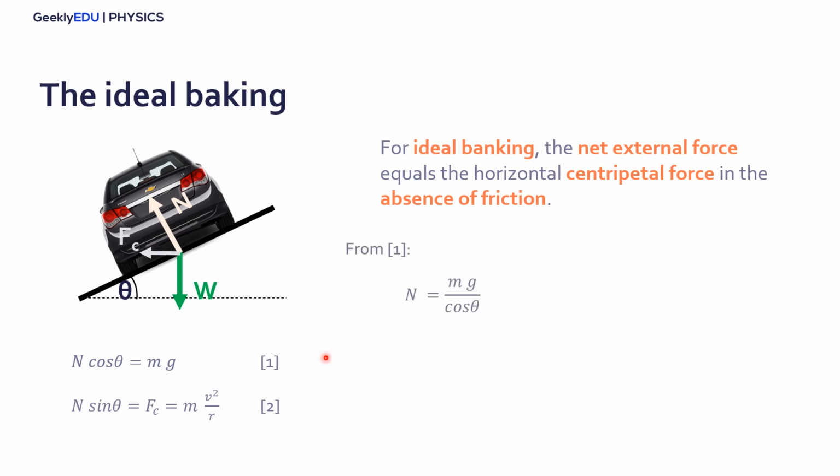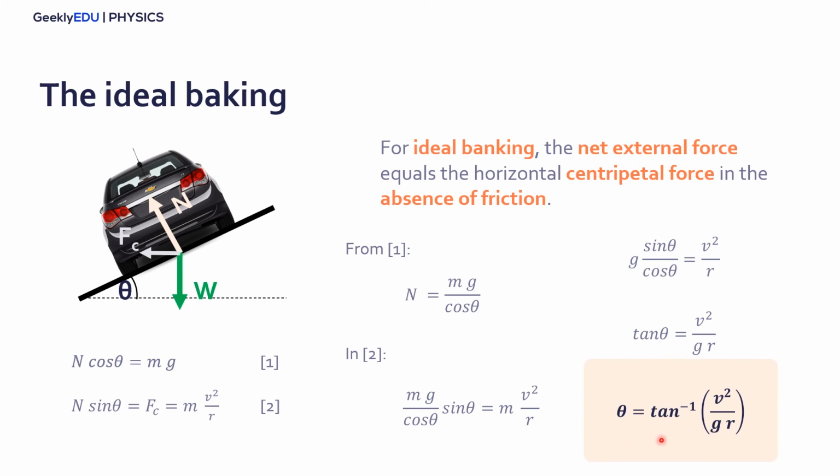All right, now we can isolate from equation number 1 the normal force and add it into equation number 2. We can cancel the mass on both sides, and now we have sine over cosine. This is the tangent of the angle, okay? So we can isolate the angle to find the ideal angle for the curve, the ideal banking, okay?